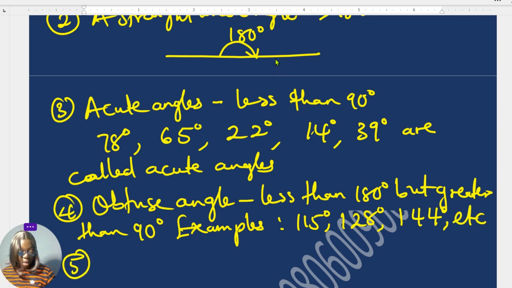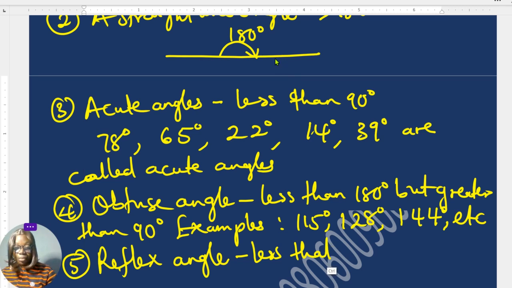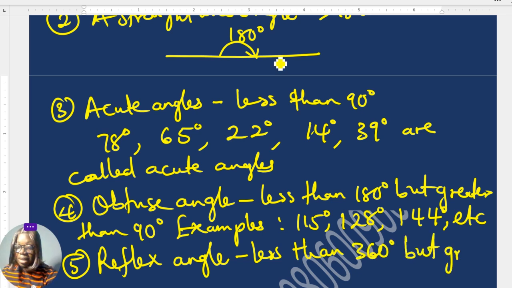Now the next type of angle we'll be looking at is what we call reflex angle. A reflex angle is an angle that is less than 360 degrees but greater than 180 degrees.